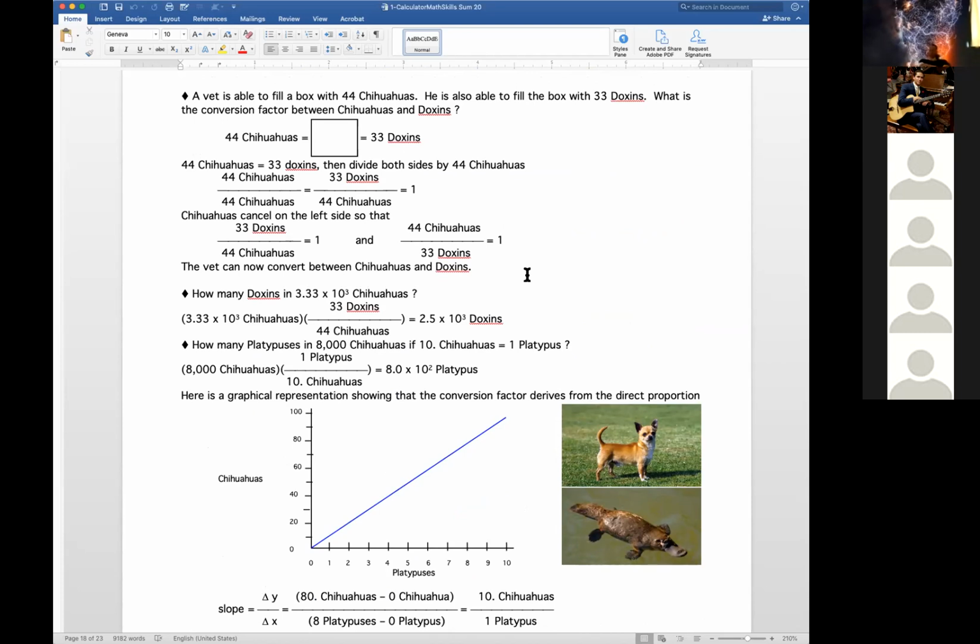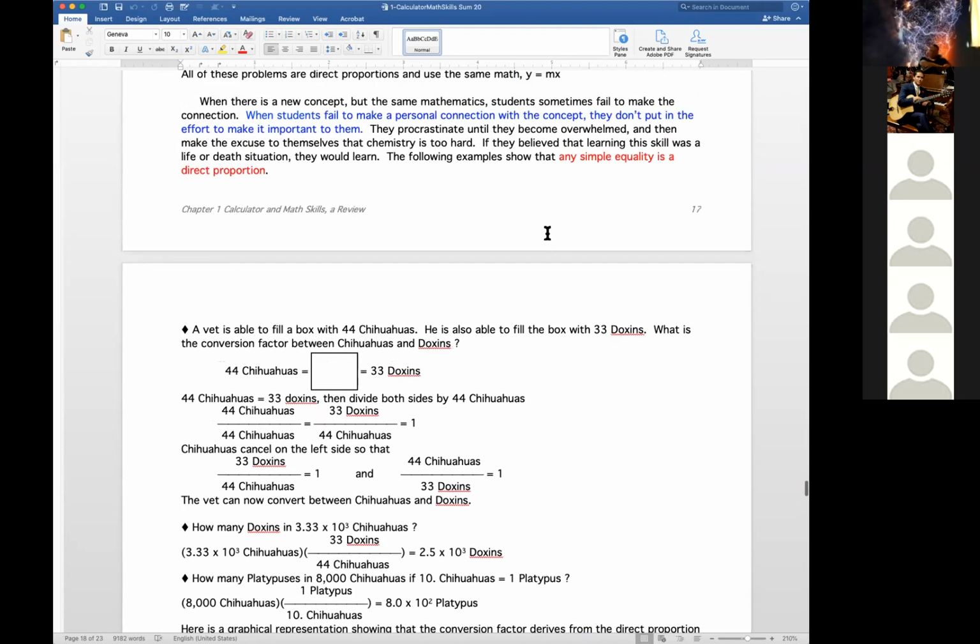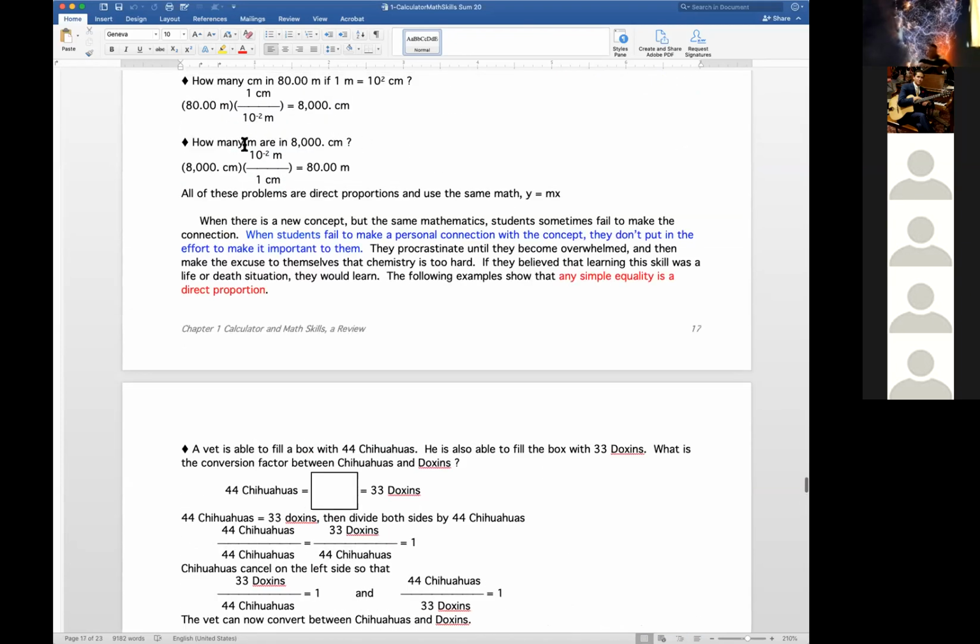And people are thinking, well, you can't convert a Chihuahua into a Dachshund. And I'm like, yes, I can. Why would it be different than this? Oh, you can't convert a meter into a centimeter.